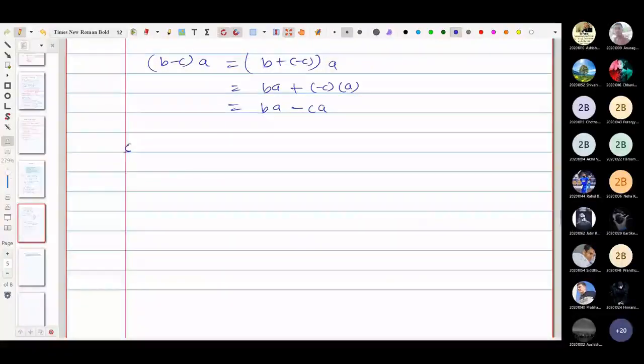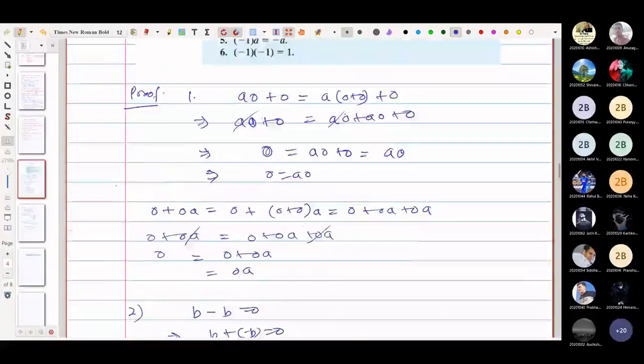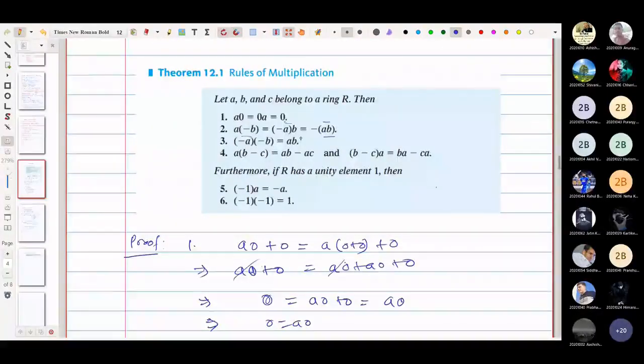And now the fifth part is that, furthermore, if R has a unity element, not unit element, R has a unity element. Of course, later on we will prove that unity in a ring is unique, just like we have proved in group theory, that the identity in a group is unique.